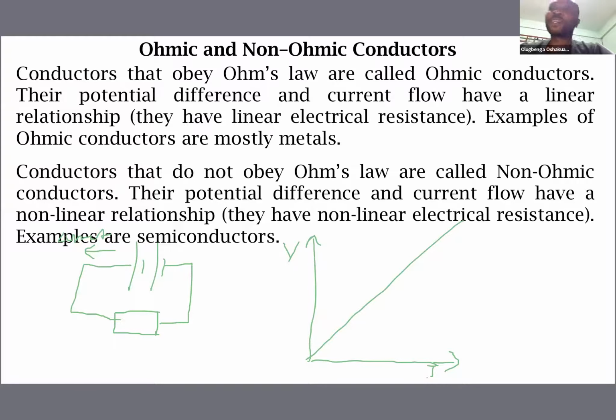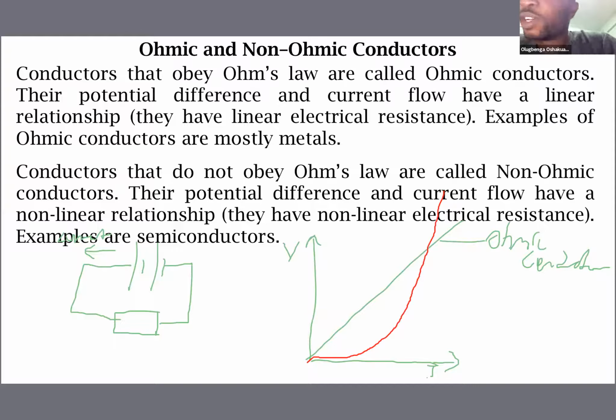But there are also some materials in which when you plot the graph, you are going to have something different. This is for the ohmic conductor. And there are also some materials that are non-ohmic. When you plot the graph, you can have something like this.